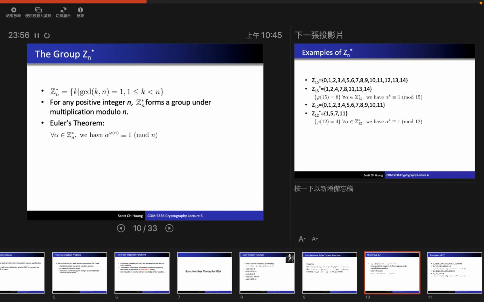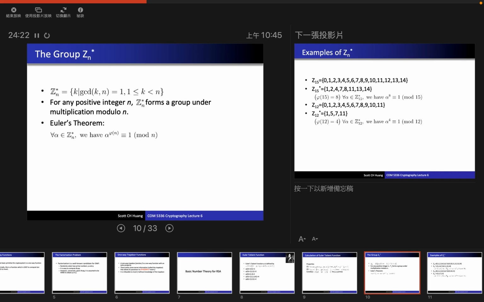In this case, we're excluding everything that is not relatively prime with n, which means anything that remains must have a multiplicative inverse. So we're excluding those that don't have an inverse. That's the idea. And Euler's theorem is this.